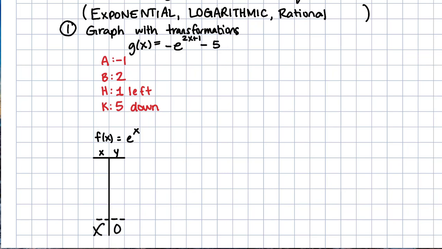Then for our points, I recommend for an exponential just doing one to the left of the y-axis, one on the y-axis, and one to the right. To get your y-coordinate, remember you plug them into the parent function. So I'll plug in e to the -1, which is 1 over e, and e to the 0, which is 1, and e to the 1, which is e.